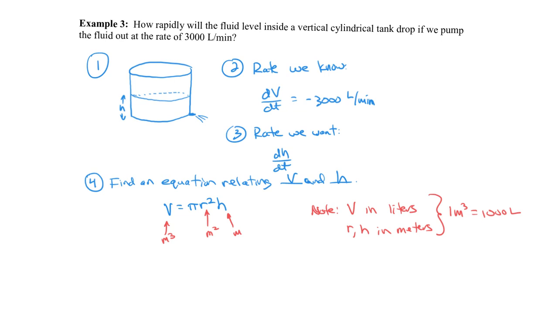So what we're probably going to want to do, they gave us this in 3,000 liters per minute, but we're going to want to change that to cubic meters per minute, right? Because since these are going to be in meters, this will give us cubic meters instead of liters. But that's easy enough, right? If 1 cubic meter is 1,000 liters, then isn't this just the same as saying the rate of 3 cubic meters per minute, right?